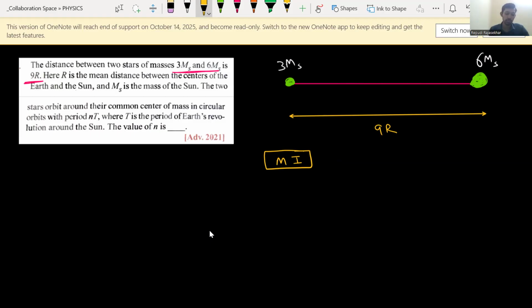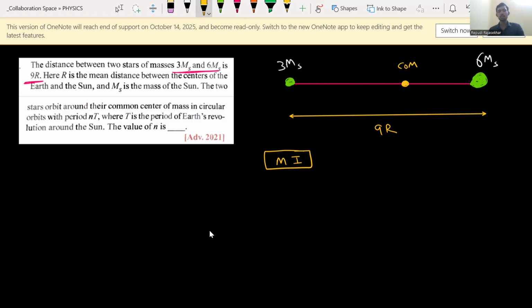In the beginning of the center of mass chapter I told, the center of mass always lies closer to the heavy mass side. I repeat, the center of mass is always close to the heavier mass side. That means it is away from the lighter mass. Here the heavier mass is 6 Ms and the lighter mass is 3 Ms, so the center of mass is close to 6 Ms. This is the position of the center of mass.